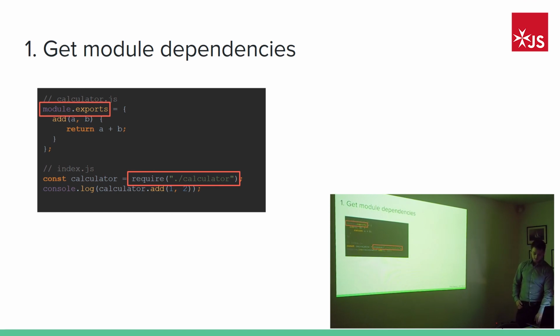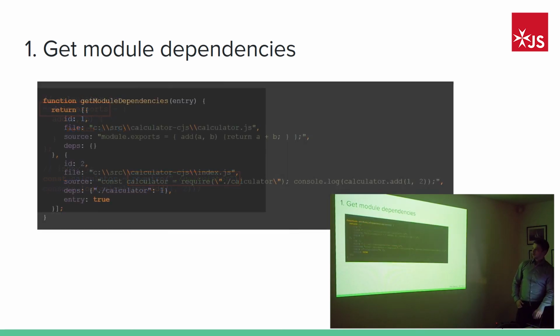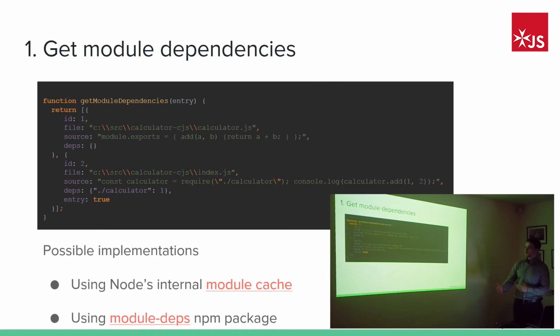As a first step, we can convert this code to something like this. So imagine that you have a function which is getModuleDependencies that gets the entry file, which is the index.js, and it just converts it to an array, and the items of the array are the modules.